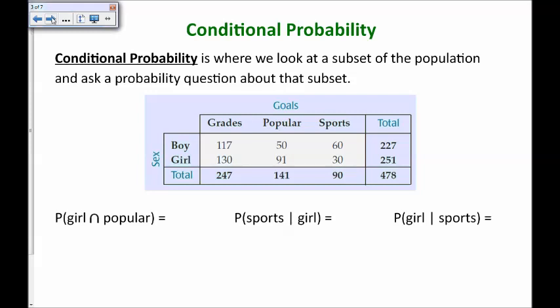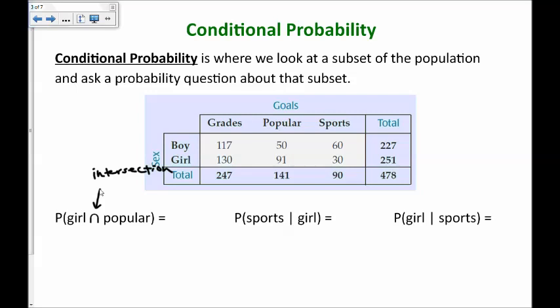Now we can look at some questions about this data. The first one is girl intersect popular. This symbol is the intersection, and it means and. So what is the probability that a student is a girl and their primary goal is to be popular?